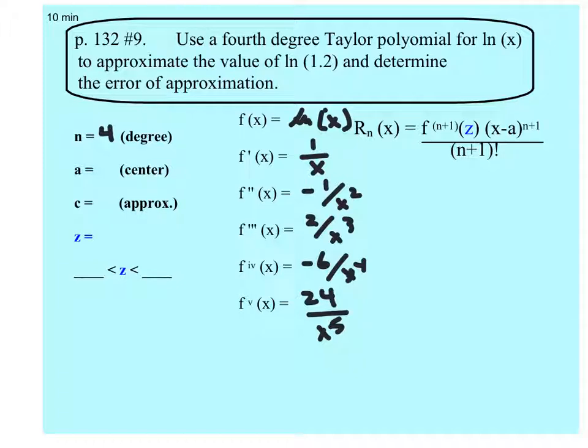So a is the center, and the center here is going to be 1. C is the approximation for x, so we're plugging in 1.2. Therefore, z would be somewhere between 1 and 1.2.